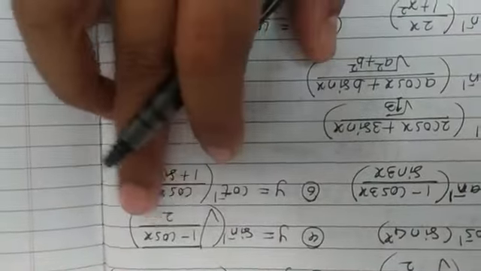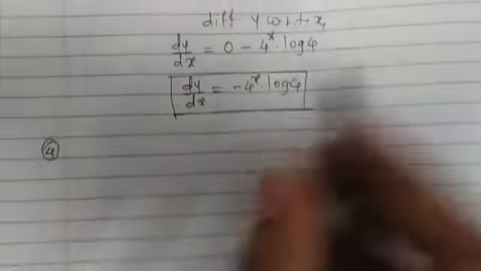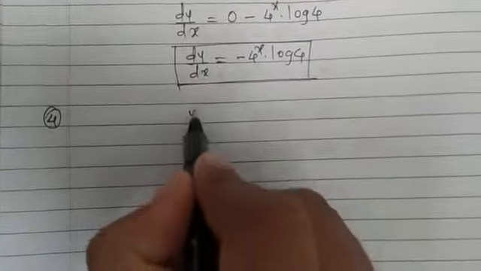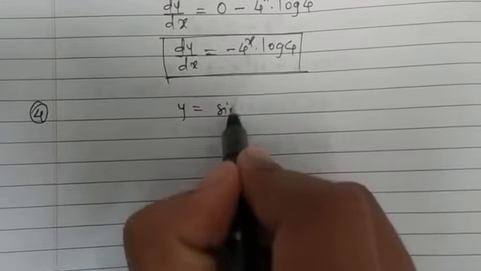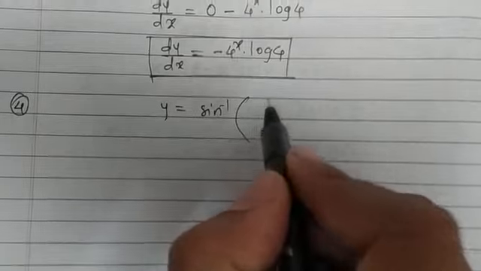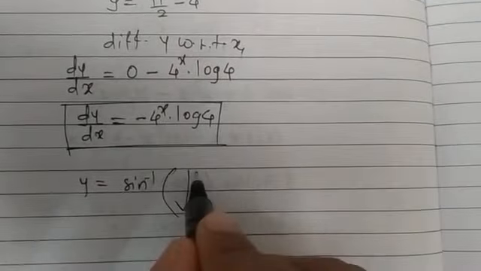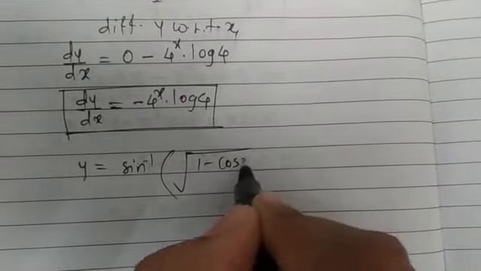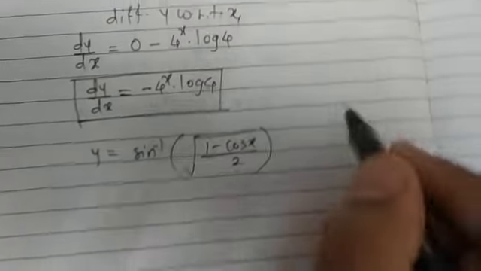The next example is y is equal to sin inverse of, in bracket, under root 1 minus cos x upon 2.